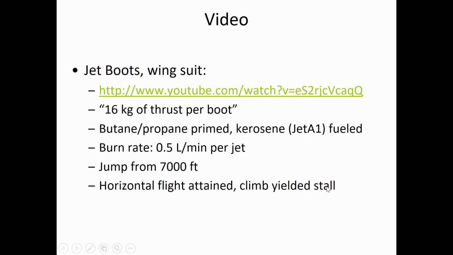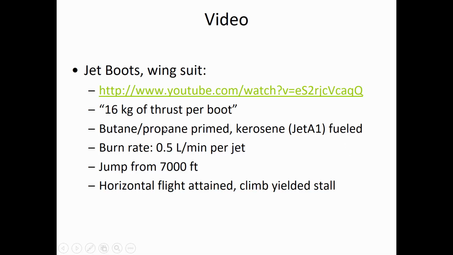So, let's do a calculation exercise here using a couple of data points as just an illustration. Some of the specs given in the accompanying information that I found were that each one of those boots yields 16 kilograms of thrust.